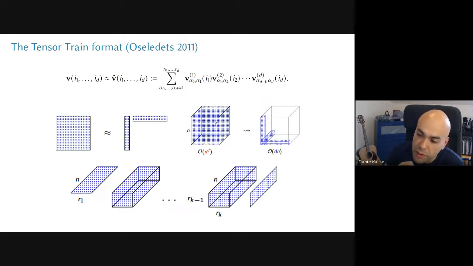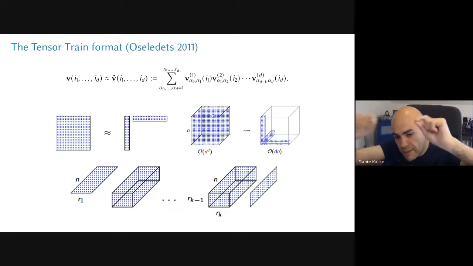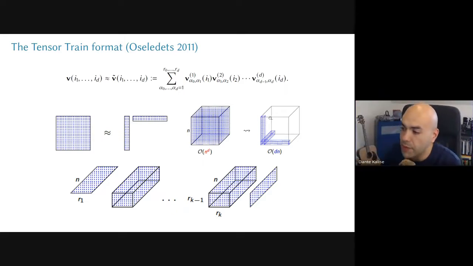If you do finite differences for a 3-dimensional partial differential equation, this is the way the solution would look, your 3-dimensional lattice, and at each point of this lattice you have a value. And now, in the same way that you do singular value decomposition here, you can do the same sort of low-rank expansion. Of course, now you will still have rank one factors, so you will have vectors, but you have the product of 3.